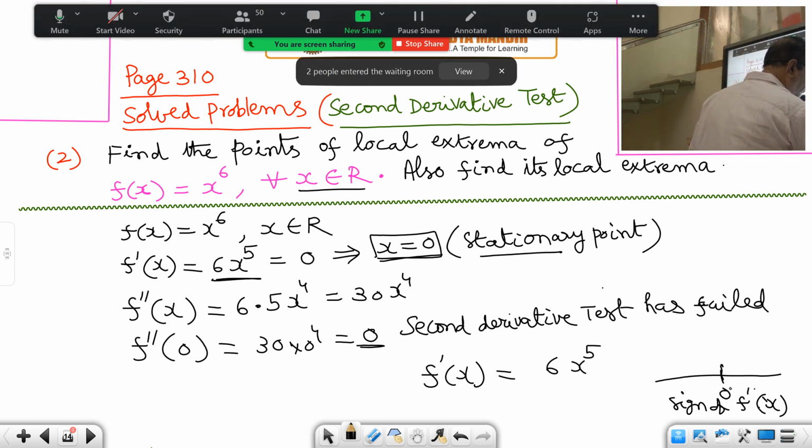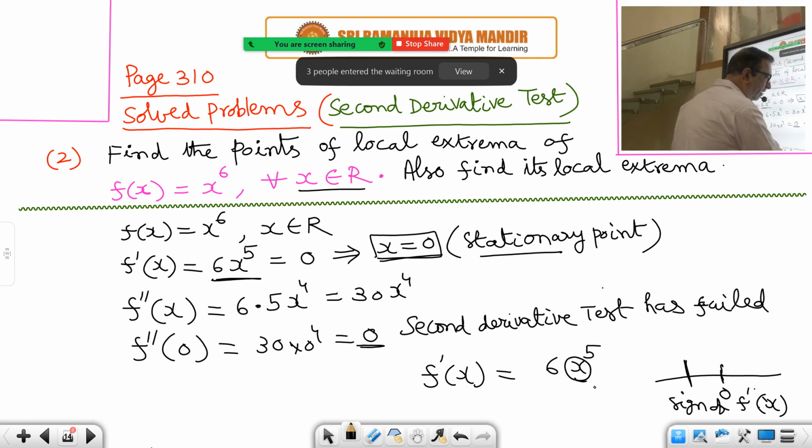What about the sign of the first derivative when x is less than 0, that is, x is negative? x negative means x power 5 is negative or positive? So 6 into x power 5 is negative here. Now after 0, that is when x is positive, what is x power 5? Positive.